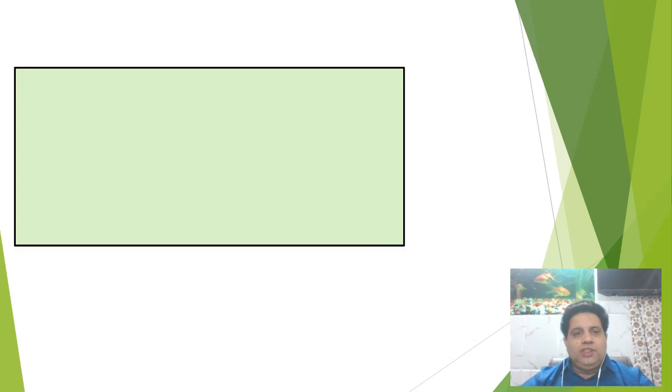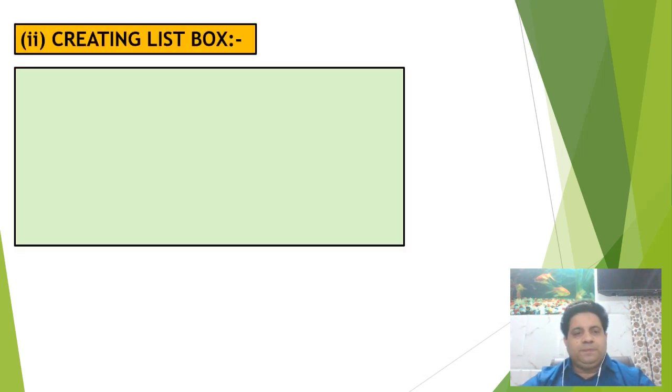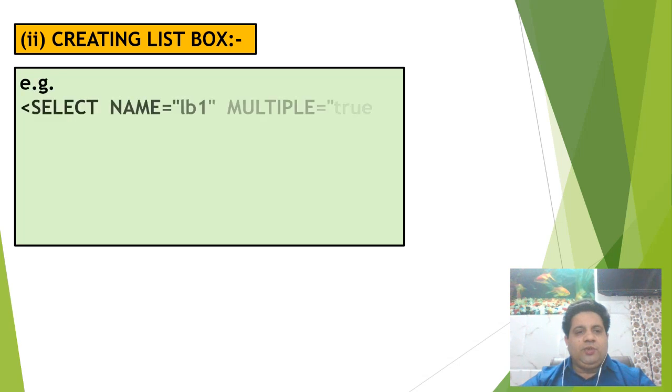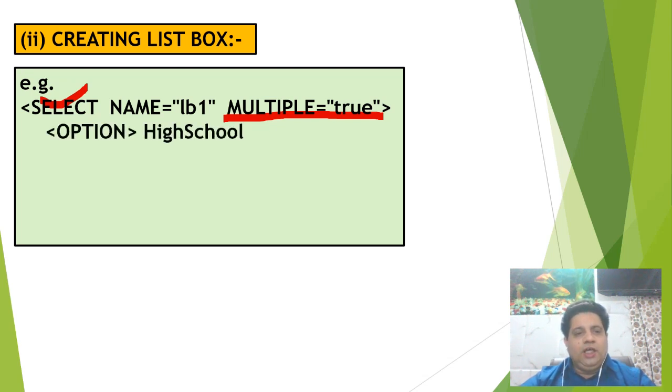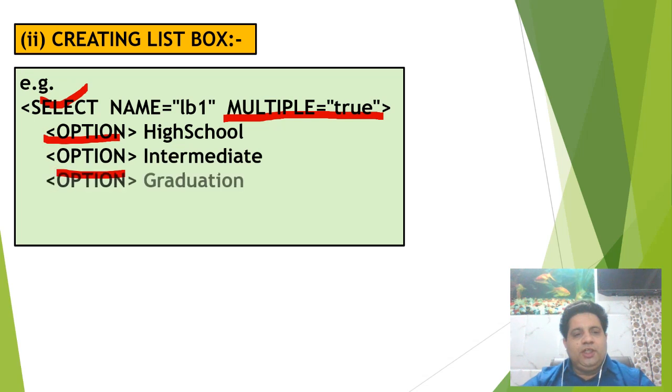Now there is another list box. For creating a list box, you have to use the select tag only, but you have to use one attribute, multiple equal to true. This will create a list box. A list box does not contain a drop down list. See, again here you are using the option tag: option high school, option intermediate, option graduation, option post graduation.